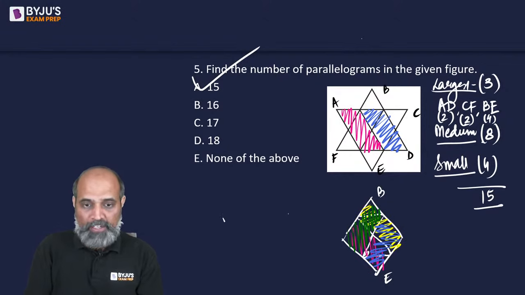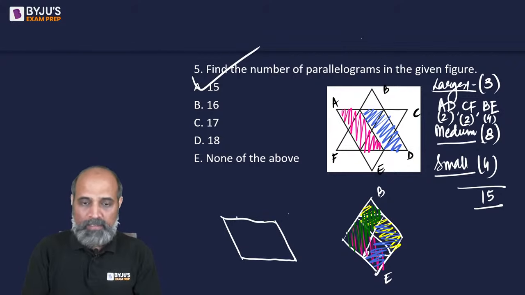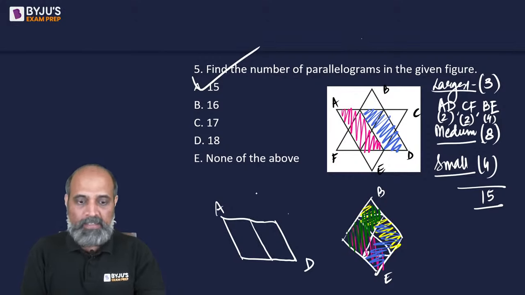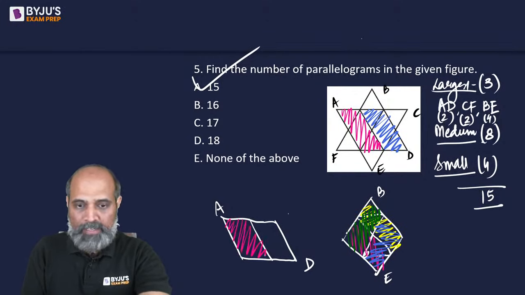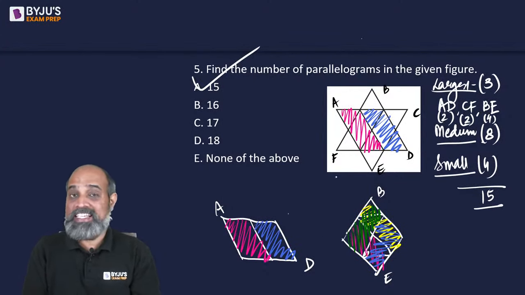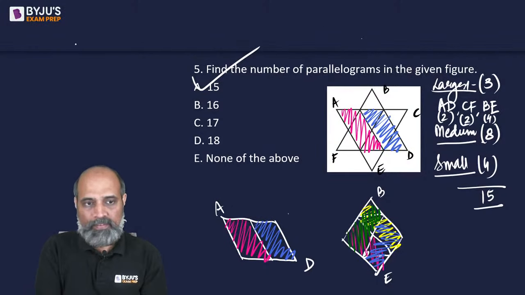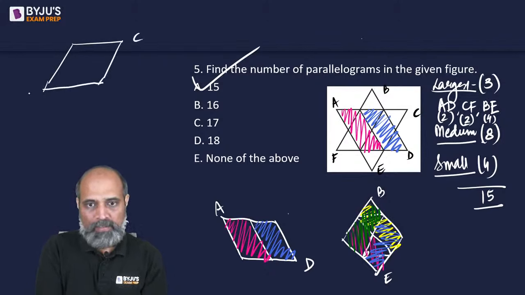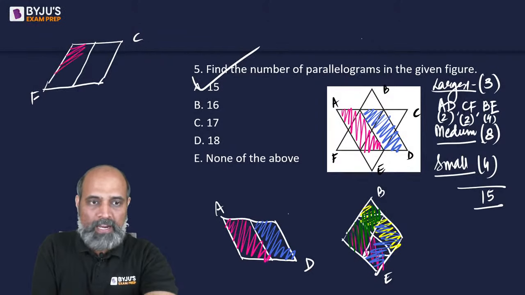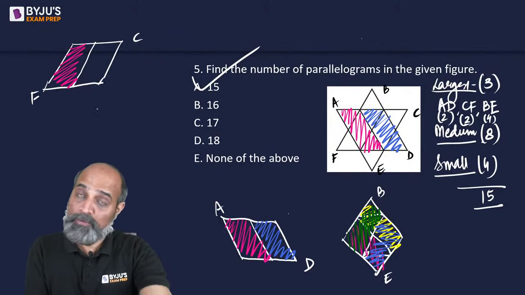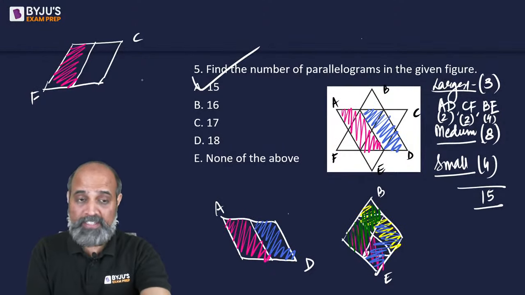Okay. So if I draw the large parallelogram for D, this is A, this is D. These are the two parallelograms we get. These two. Similarly, if I draw the parallelogram for C and F, I will get two parallelograms in CF apart from the original parallelogram where CF is the diagonal.